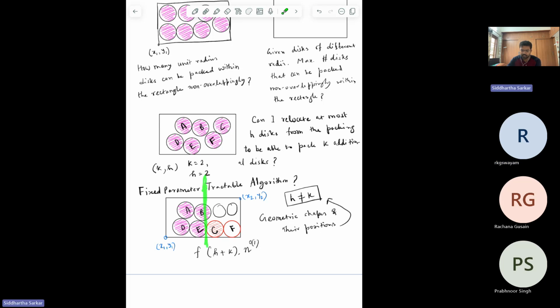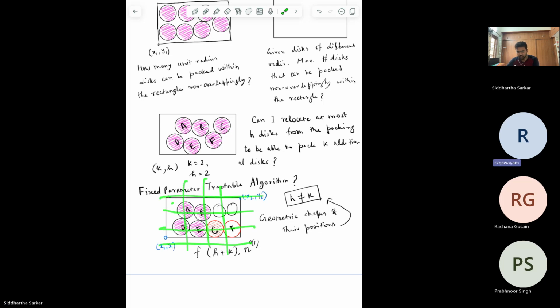I should take the given radius into consideration, so I would be dividing into grids of size 1 cross 1 each. So you overlay a grid of 1 cross 1 dimension on the rectangle.